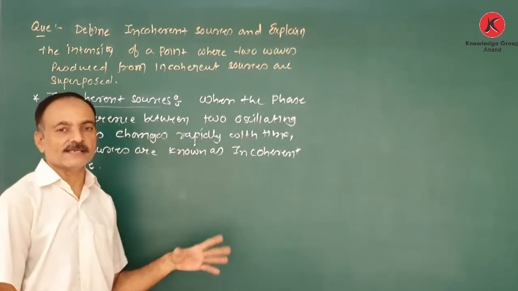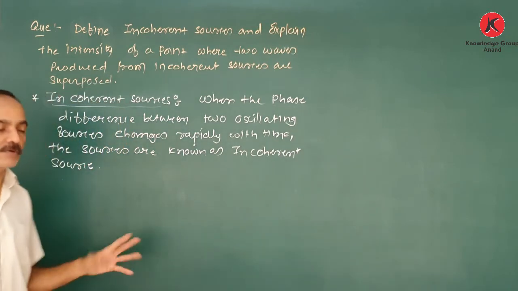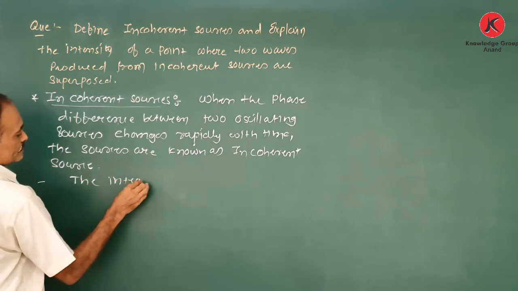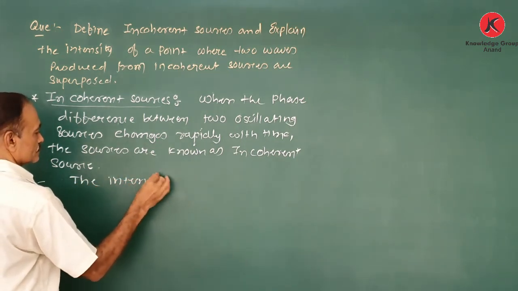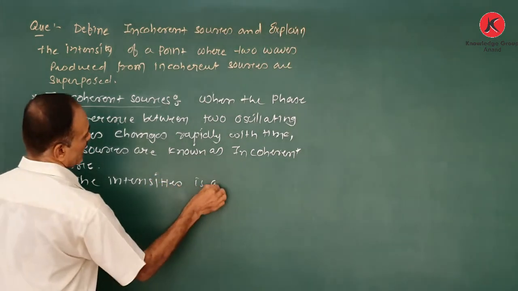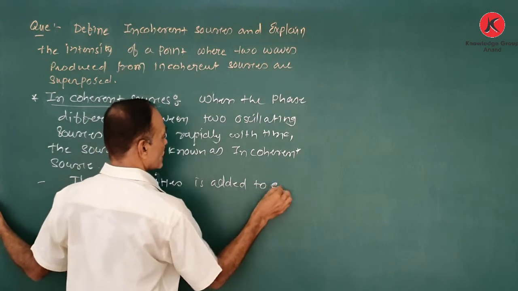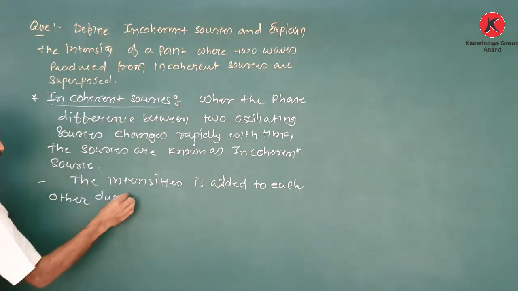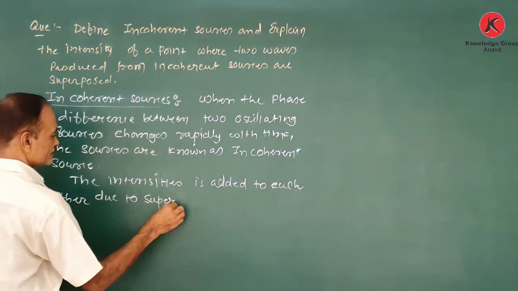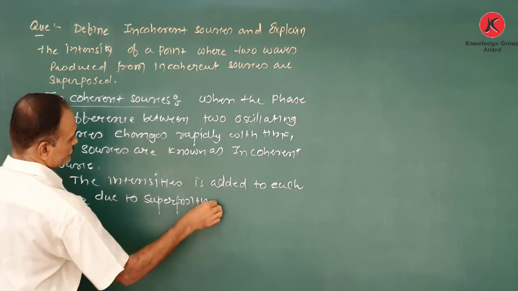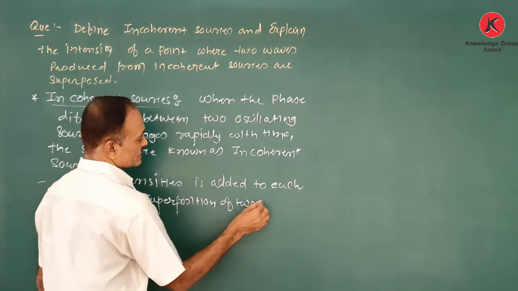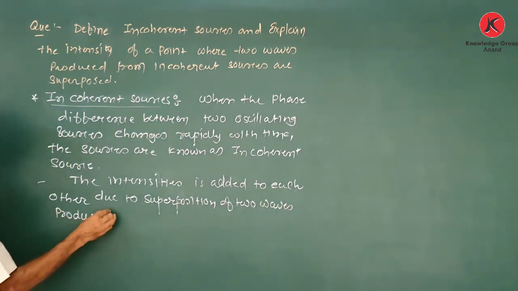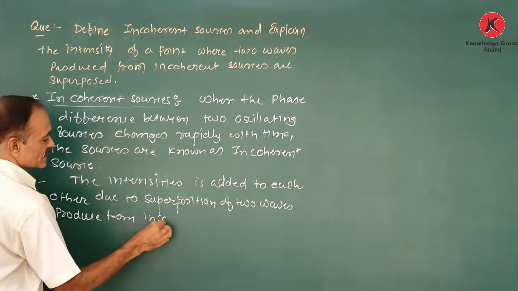The intensities are continuously added to each other due to superposition of two waves produced from incoherent sources.